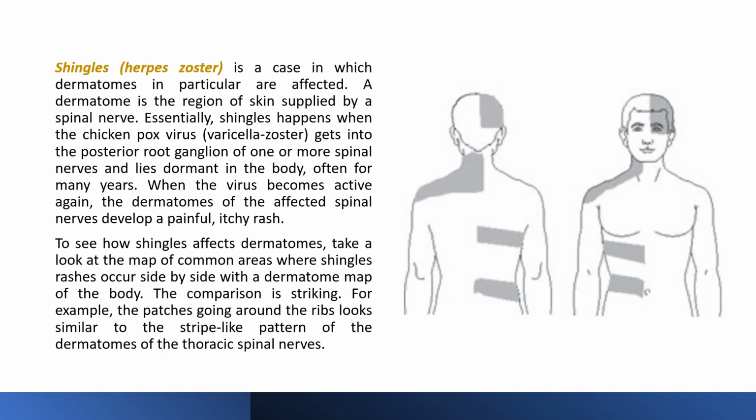To see how shingles affects dermatomes, take a look at the map of common areas where shingles rashes often occur side by side with a dermatome map of the body. The comparison is striking. For example, the patches going around the ribs look similar to the stripe-like pattern of the dermatomes of the thoracic spinal nerves.